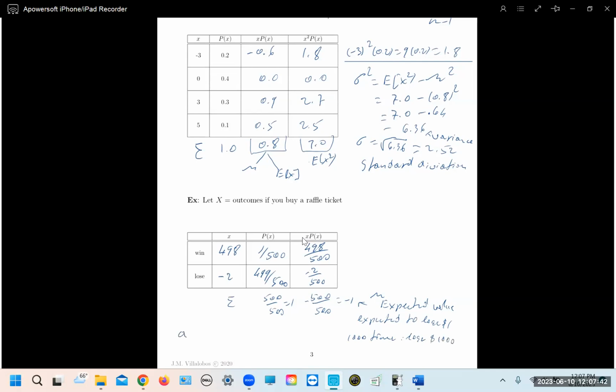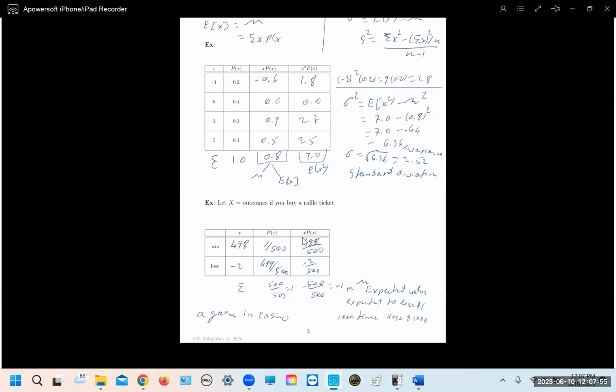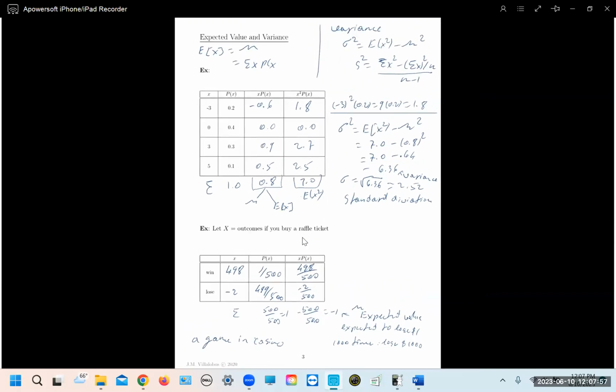So if we play a game at a casino, that is the possibility: you can lose the money. You cannot win the money. That's all for 5.1.